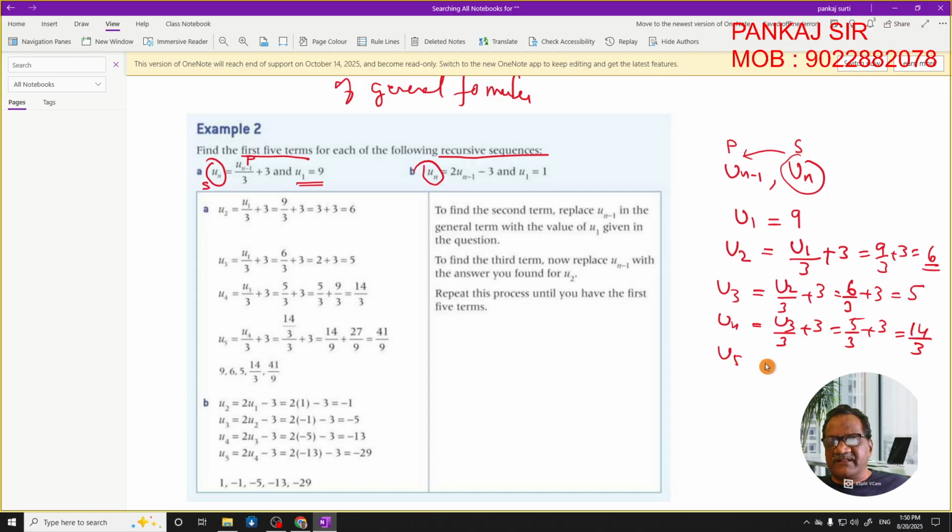And the fifth term will be u4 upon 3 plus 3, which is equal to 14 upon 3 times 3, plus 3.